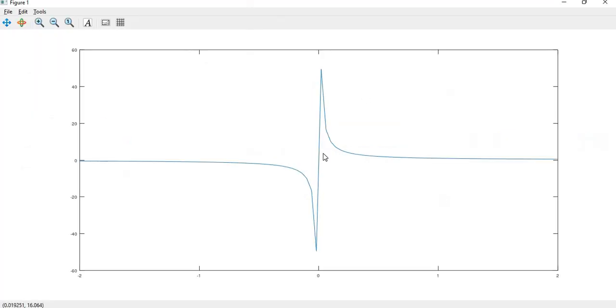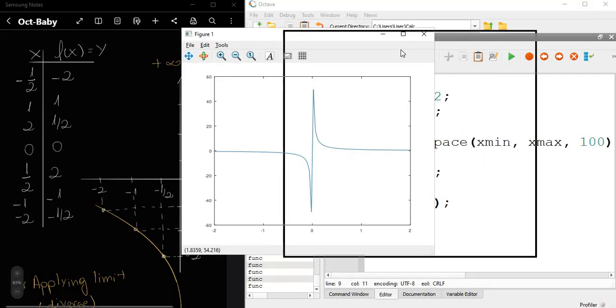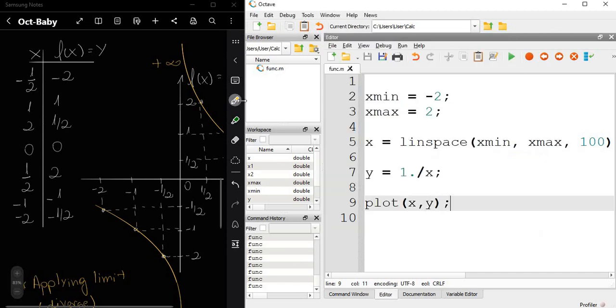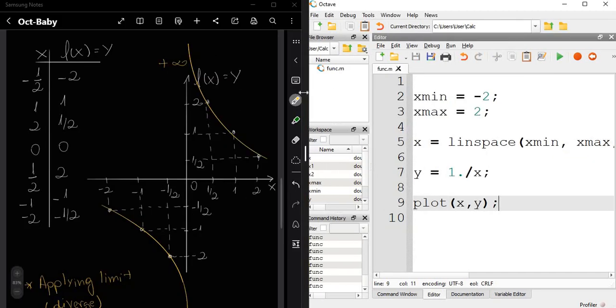Okay. It's not something that we were expecting, because this function looks like our intuition says it is a discontinuous function, and that is incorrect. This function is continuous.